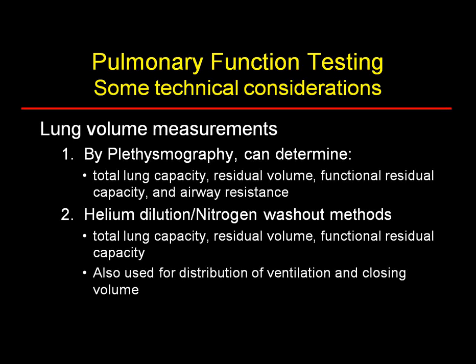All of these different measurements would be subsumed within the helium dilution and nitrogen washout methods. And you need not do all of these tests or all of these calculations when you are performing the gas dilution techniques. Only the measurements that you are clinically interested in that are medically necessary for the care of the patient. Next slide.